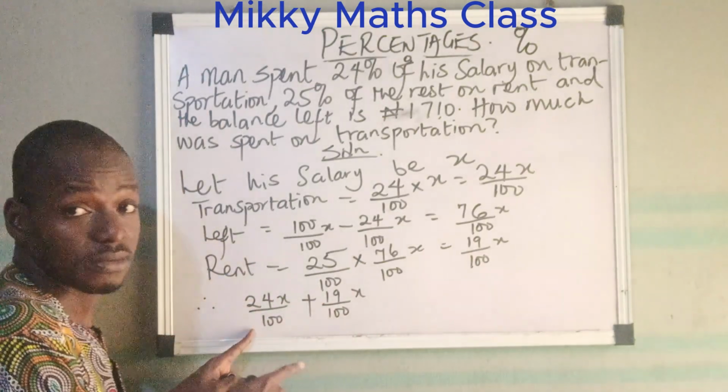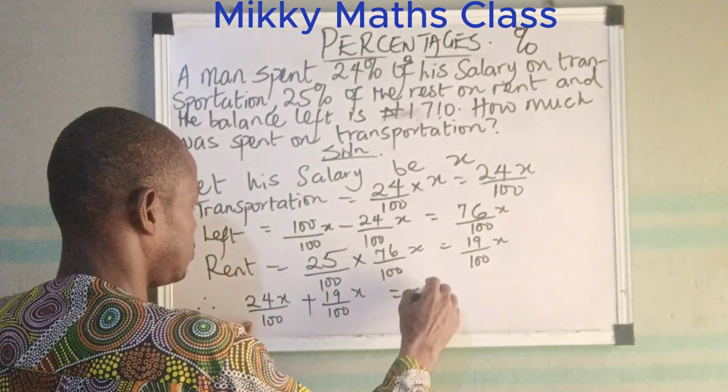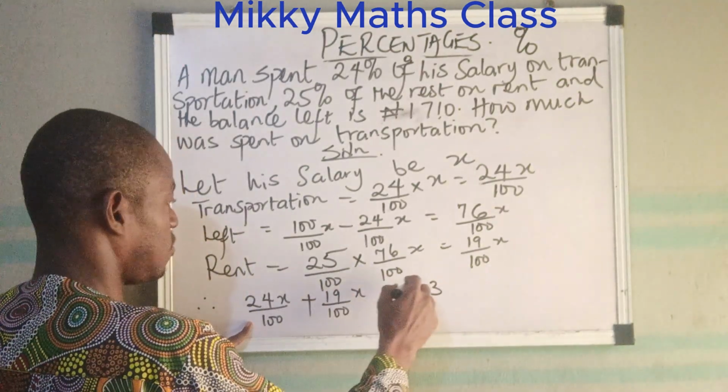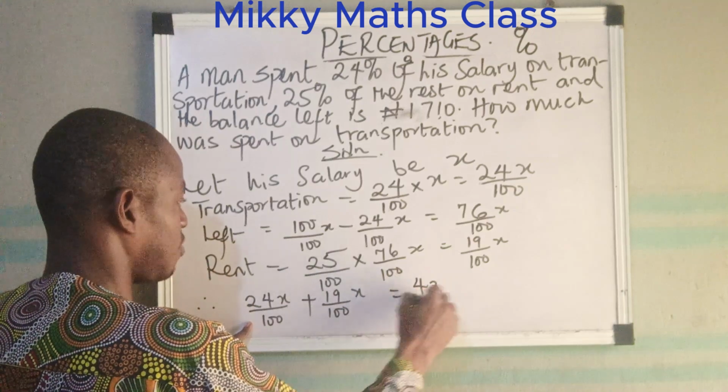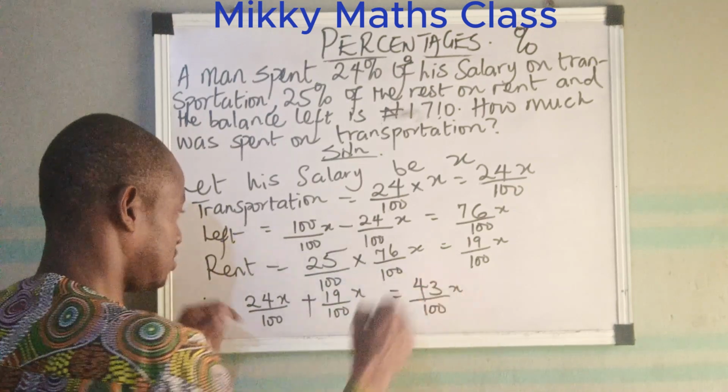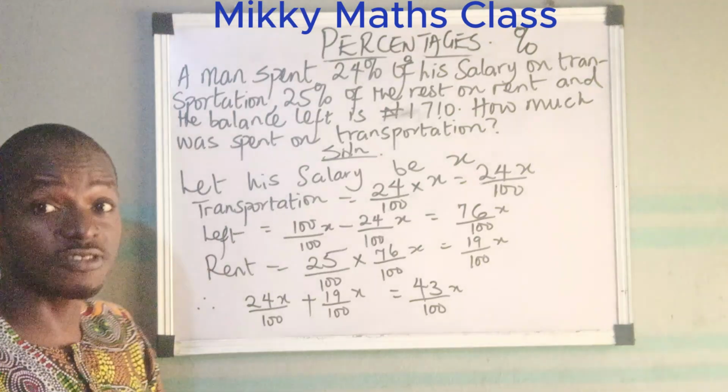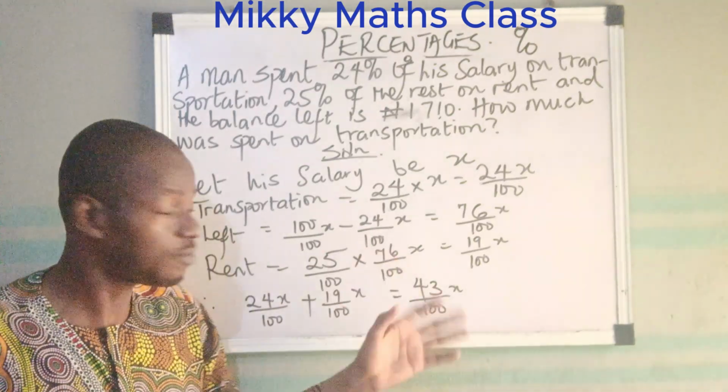Let's calculate the total amount spent. This is 43 over 100x. That's the total amount he has spent in terms of percentage.